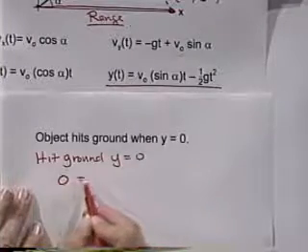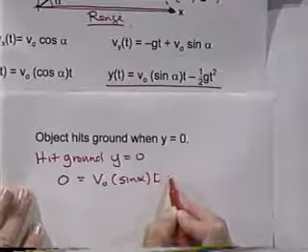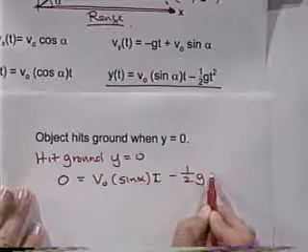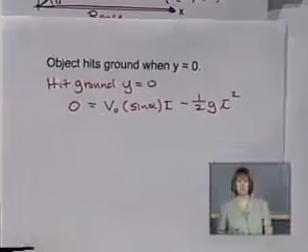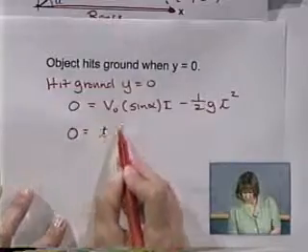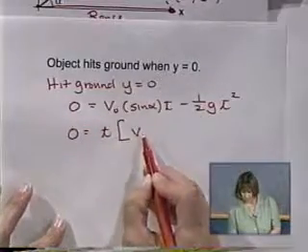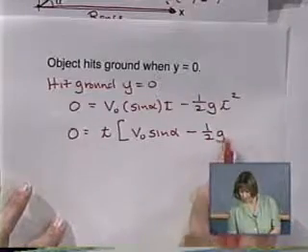So I have 0 equals v naught sine alpha t minus 1/2 gt squared. Now I'm going to factor out a t: 0 equals t times (v naught sine alpha minus 1/2 gt).